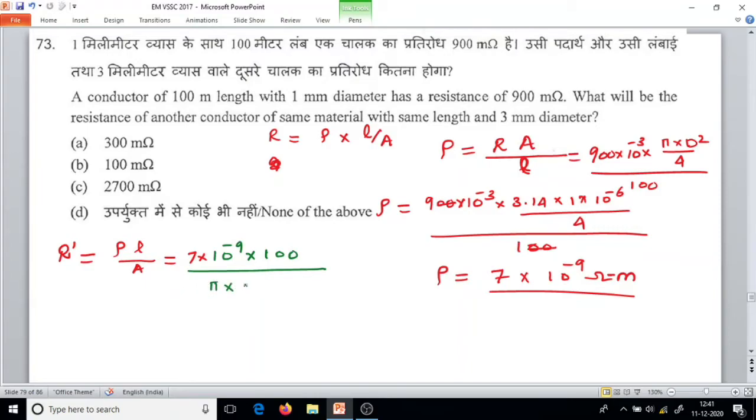Pi, d square, what is the value of d? 3 mm square, you will get when you convert it into meters, 10 to the power minus 6, divided by 4.